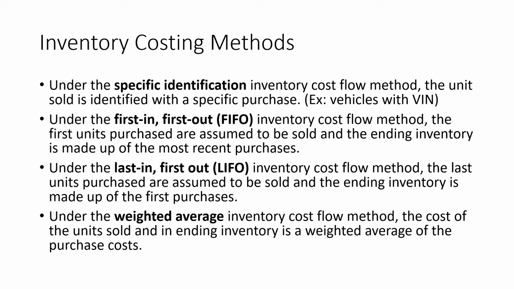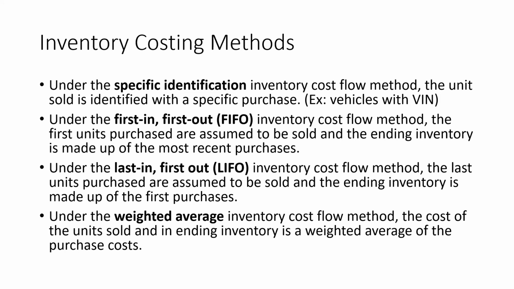So with first in, first out, the first units purchased are assumed to be sold first. And then the ending inventory would be made up of your most recent purchases. And this is just in terms of cost. This is all on paper. This is all numbers. This is not assuming actual products that you're talking about.